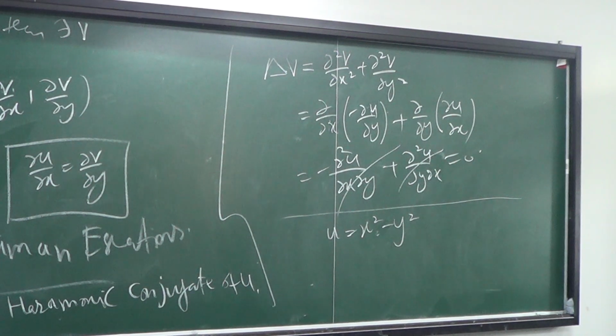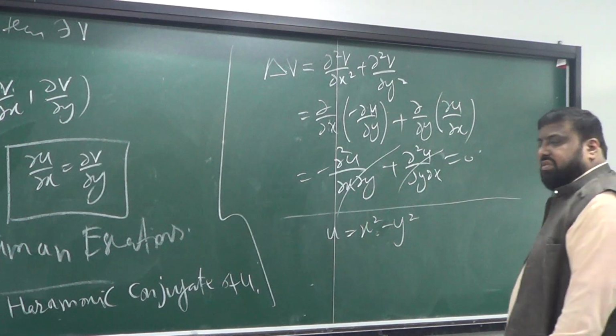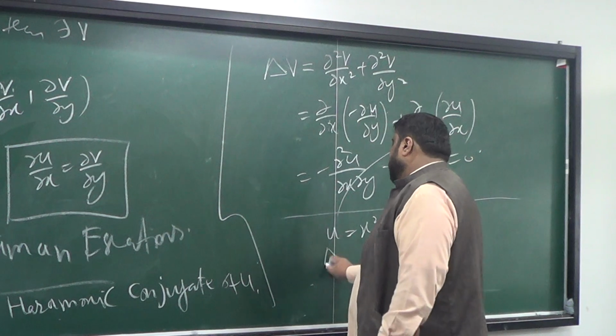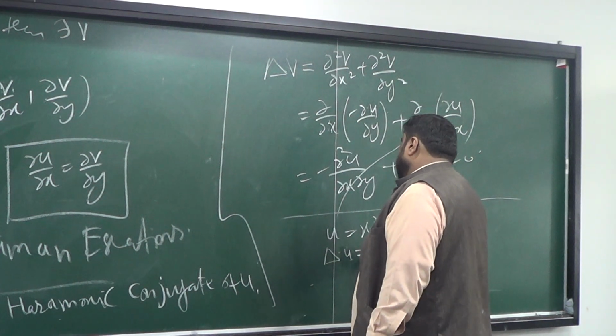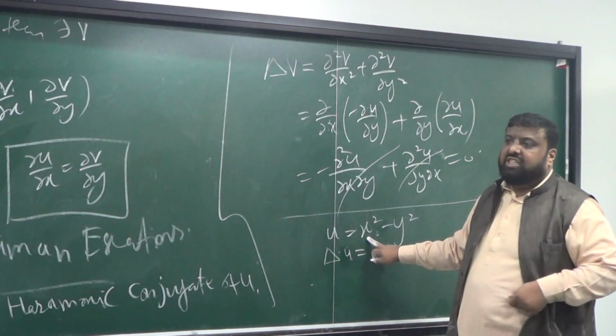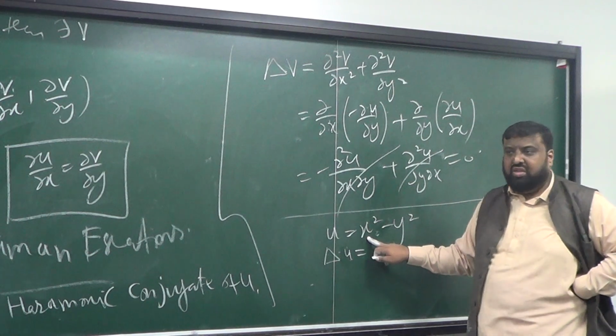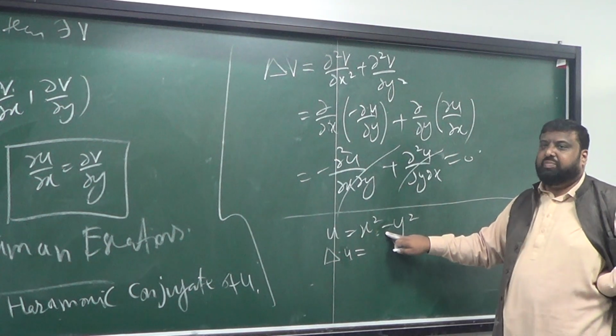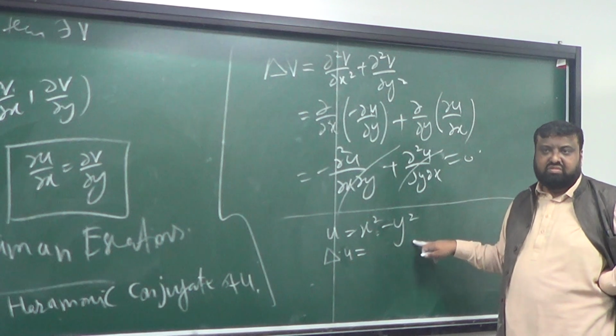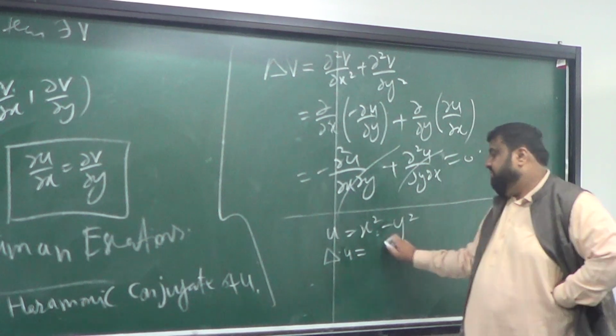Is it harmonic? How can I know U is harmonic? You just need to check, does it satisfy the Laplace equation? If I differentiate it 2 times with respect to x, it is going to give me 2, minus with respect to y is going to give me 2. So you're going to get 0.